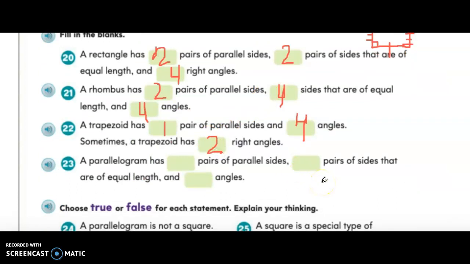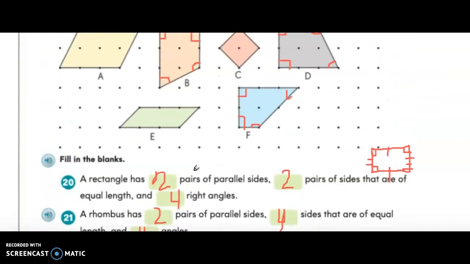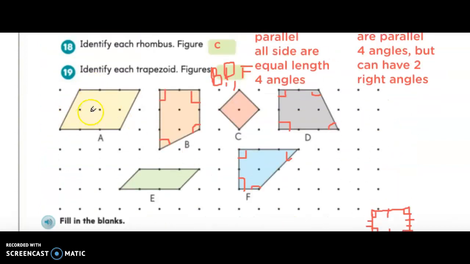All right, now a parallelogram. So this is one that this name should kind of help you remember, a parallelogram. Okay, it has two pairs of parallel sides, and it also has two sides that are of equal length. So this and this are great examples.